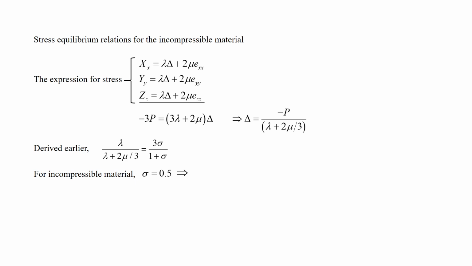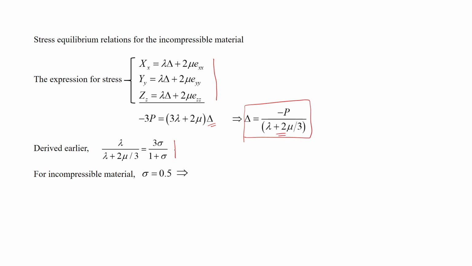Remember that we had written all these expressions in earlier lectures, I think lecture 2 or 3, and there we had derived this expression where delta is the volume strain, and from that we had obtained this. We had also obtained the expression for lambda by lambda plus 2 mu by 3.